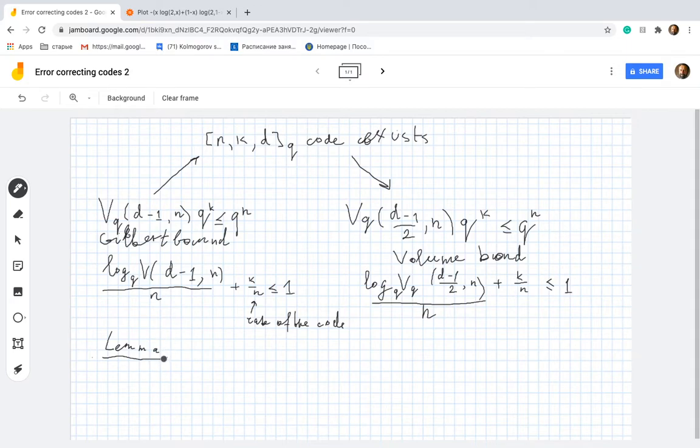And the lemma states that the logarithm of the volume of the Hamming ball of some radius r is n plus order log n if r is more than 1/2 of n.